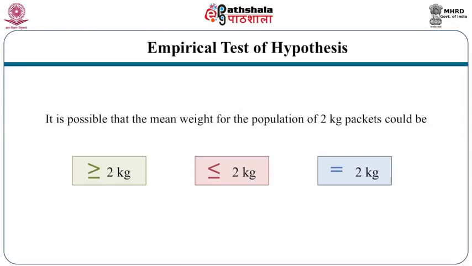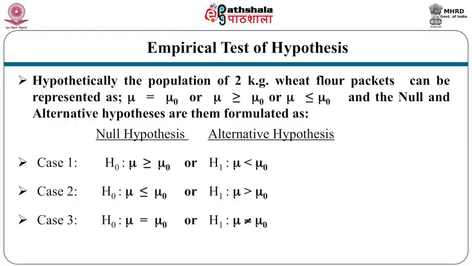Say in case 1, the null hypothesis is mu is greater than or equal to mu naught, and the alternate hypothesis is mu is less than mu naught. In case 2, the null hypothesis is mu is less than or equal to mu naught, and the alternate hypothesis is mu is greater than mu naught. In case 3, the null hypothesis is mu equal to mu naught, and the alternate hypothesis is mu is not equal to mu naught.